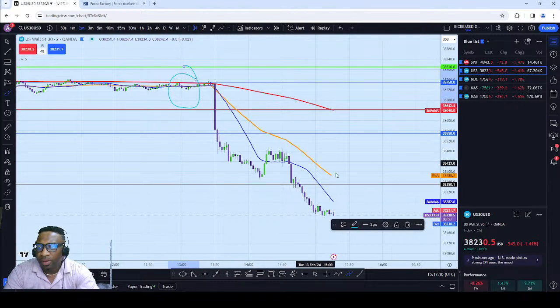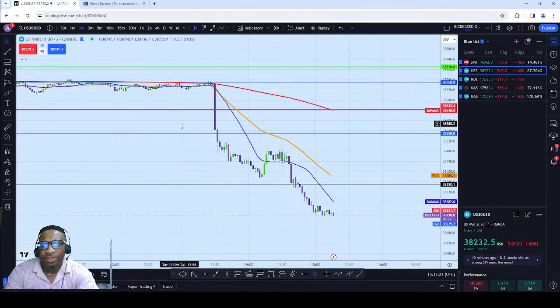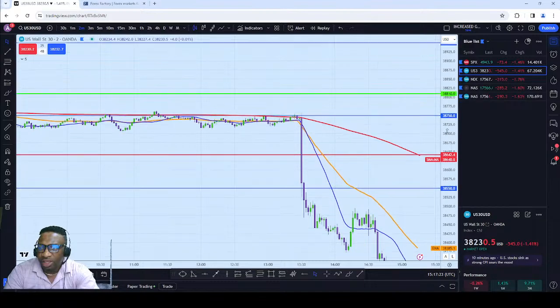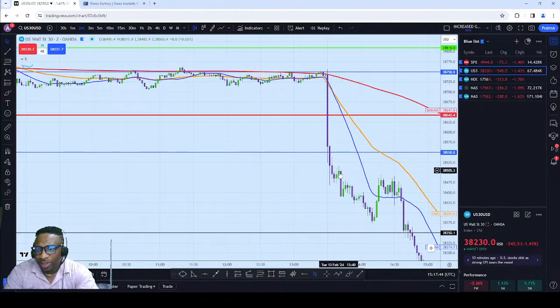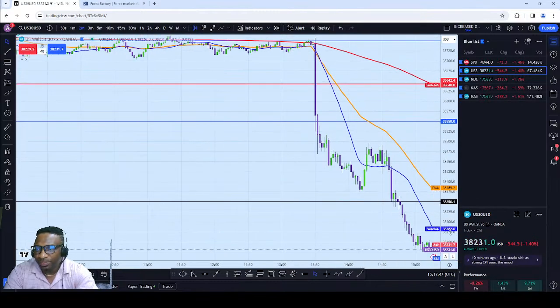The news came in with so much power that even if you were on the charts, you couldn't have easily entered before all this happened. If you saw it and wanted to enter, you'd have caught it somewhere here. But nevertheless, it still kept dropping, and now it's still dropping.